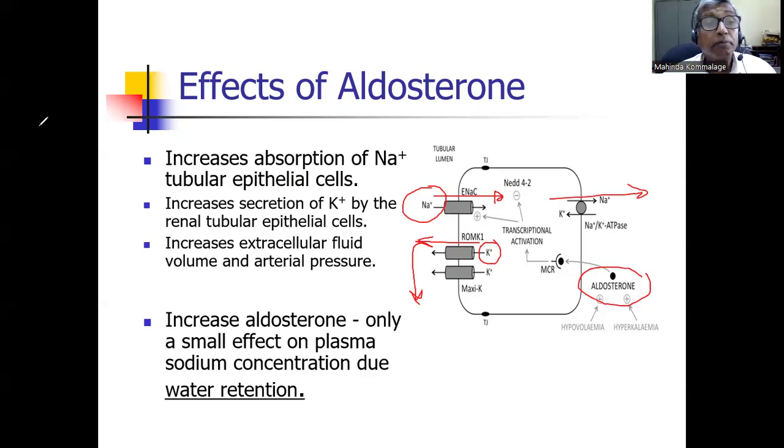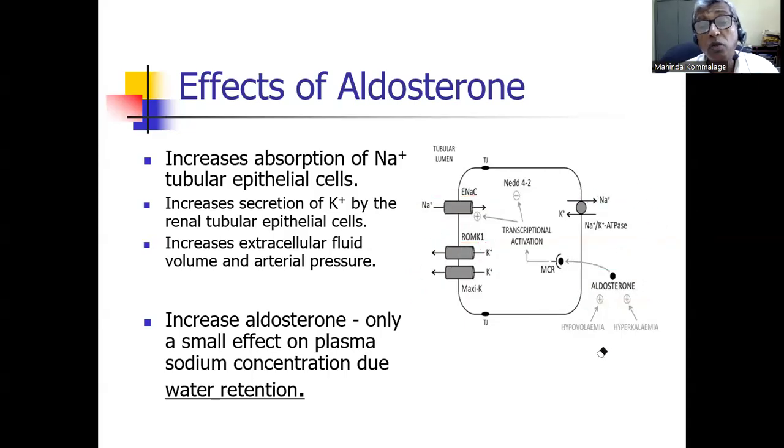So this is the main regulating step of sodium level and potassium level in the body. Right? So, as an additional effect, when we reabsorb sodium, probably you know that water always follows.